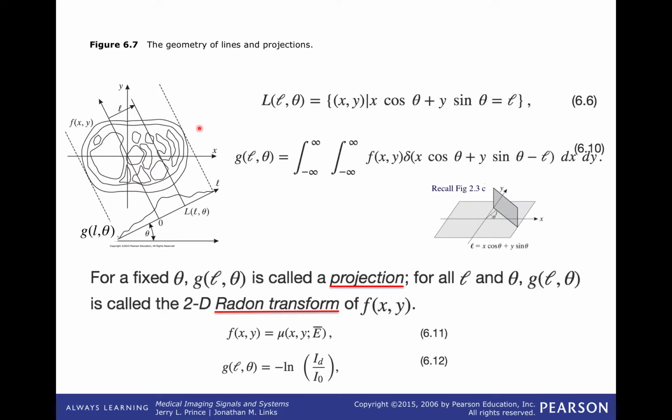Right? Okay, so this function, we're going to then parameterize g. For any given theta, I have a one-dimensional function in L, and it's this little g. And recall that little g we defined as the natural logarithm of the intensity of the measured X-rays divided by the intensity of the transmitted beam.